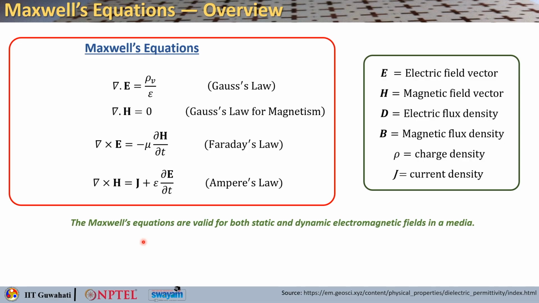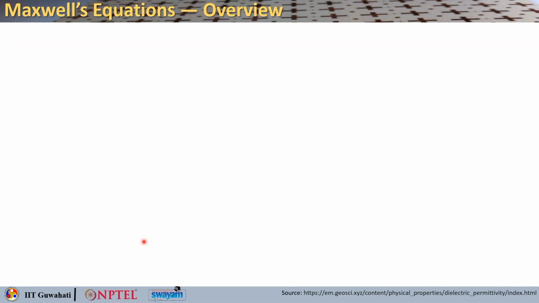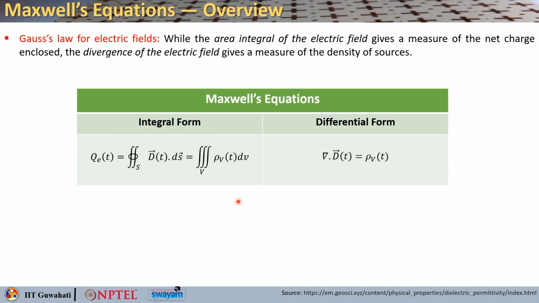So, Maxwell's equations are valid for both static and dynamic electromagnetic fields in a medium. Now, let us carefully look into each of these equations one last time in both integral and differential form. Maxwell's equations can be written in both integral and differential form, and we will see that.